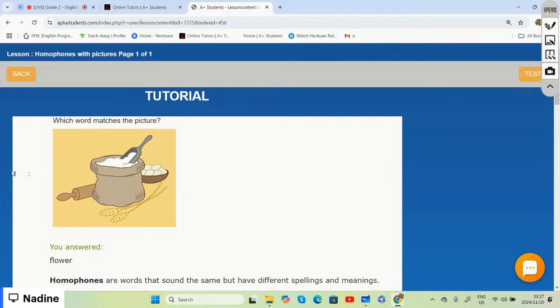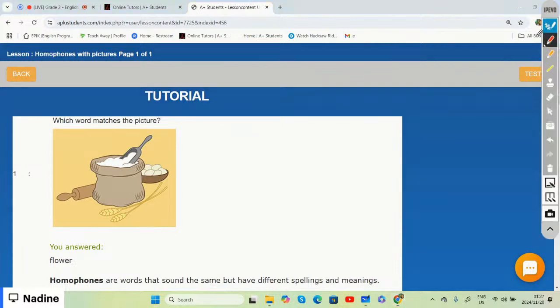All right. So now we need to find the word that matches the picture. I'm going to write down the word that is the homophone of that word.